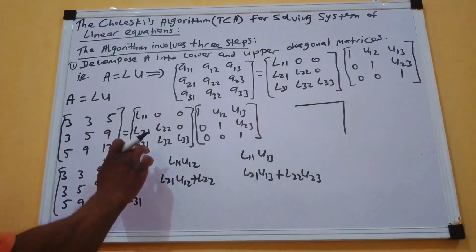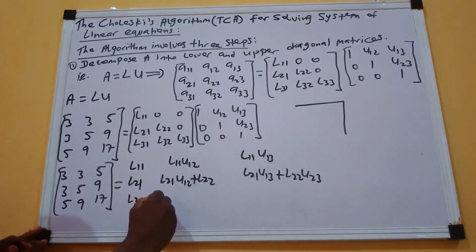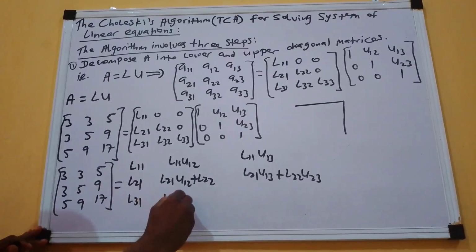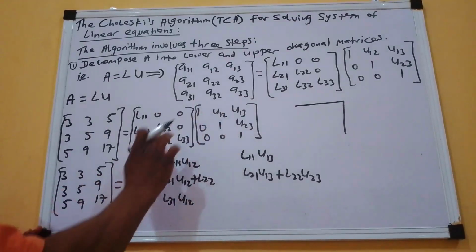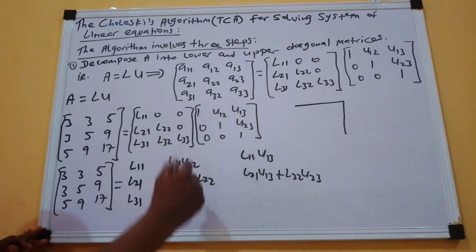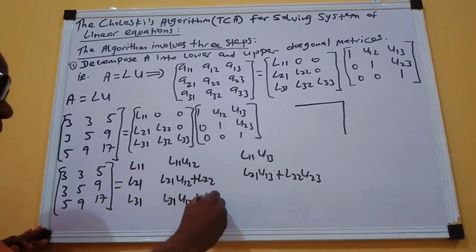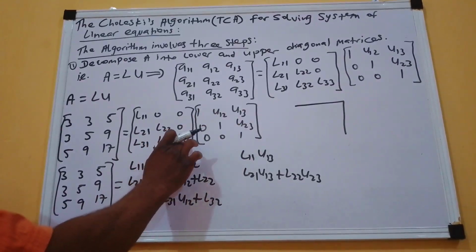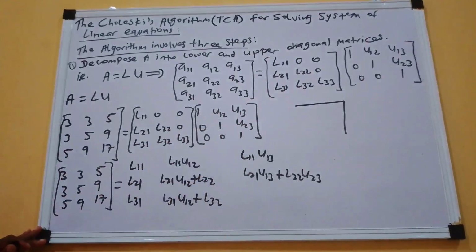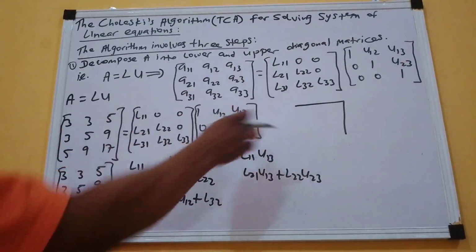Then this to the next one. L31 times U12, you have L31 U12 plus L32 times 1, which is L32. Then L33 times 0 is 0. You have that. Then you come to the last one.